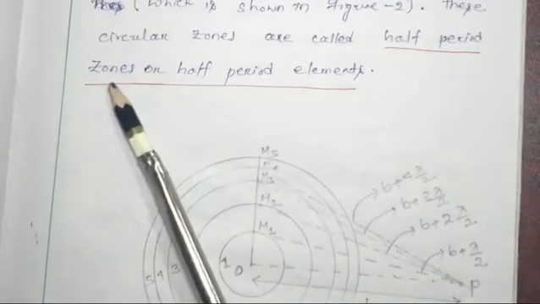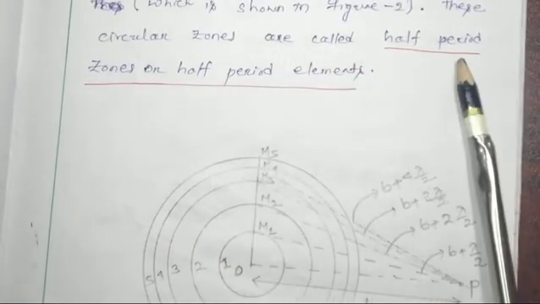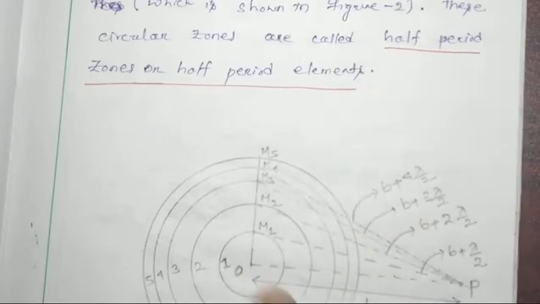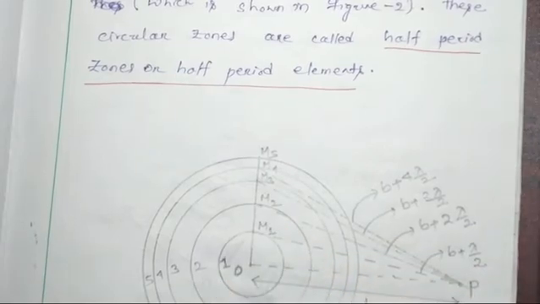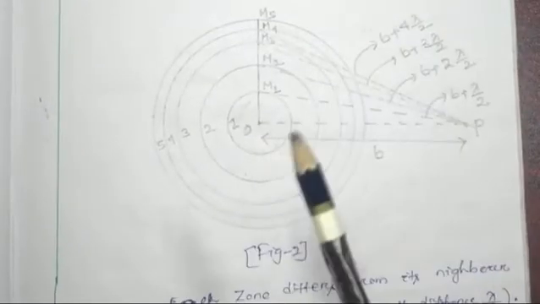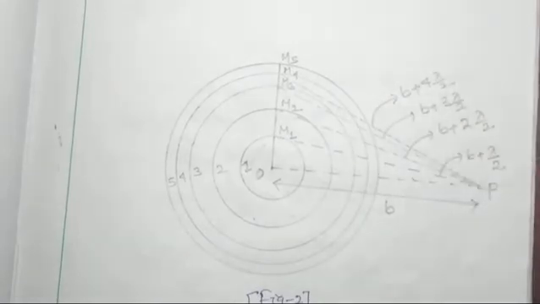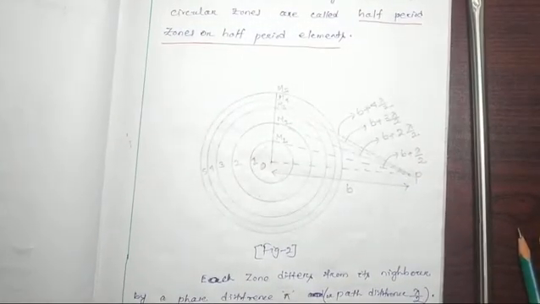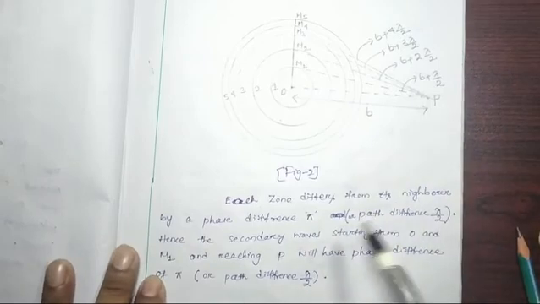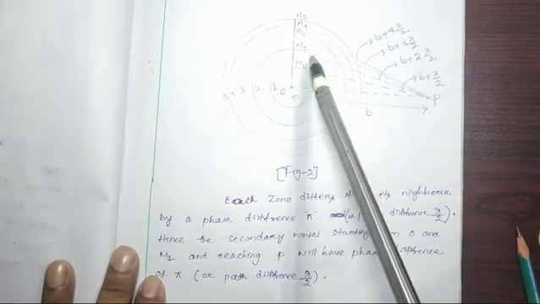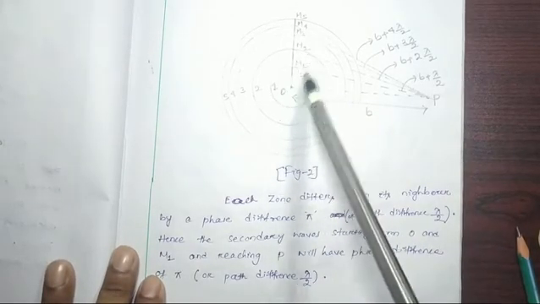These circular zones are called half period zones. This is the first half period zone, this is the second half period zone. Each zone differs from its neighbor by a phase difference. How much? Pi.